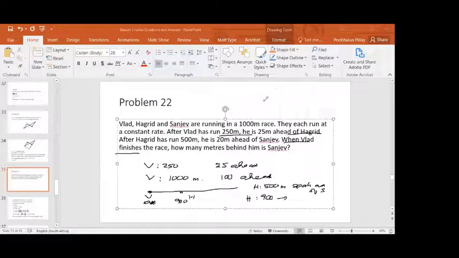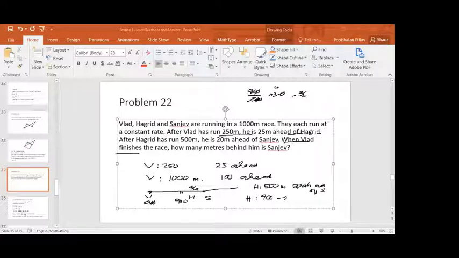If 500 gives him 20 meters, then 900 will be 900 over 500 times 20. If you cancel these, 9 over 5 goes in 20 four times, so it'll be 36. So at this stage he's 36 meters ahead of Sanjeev because he's only done 900.